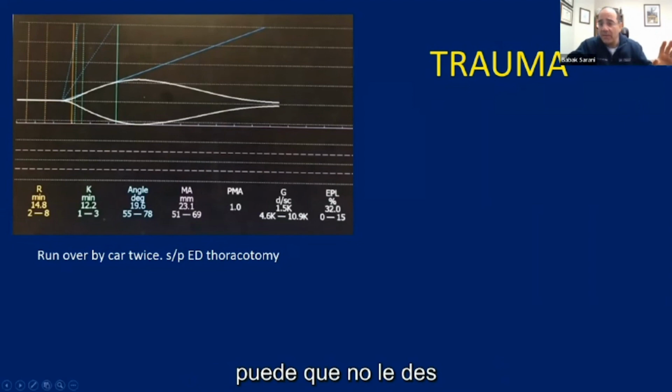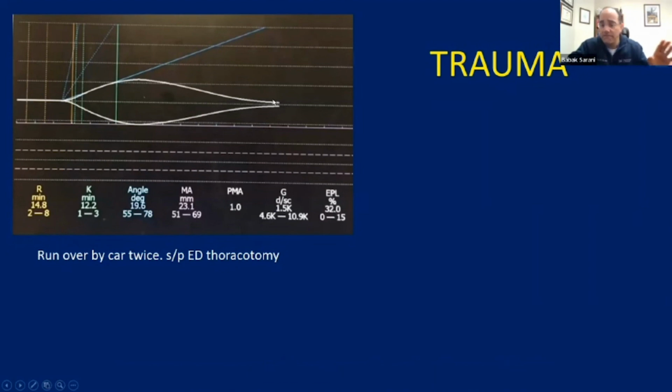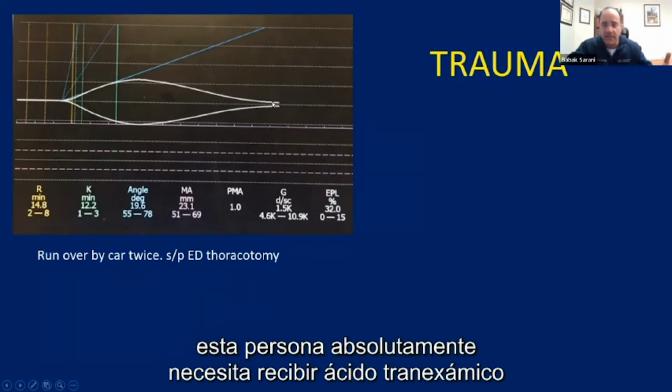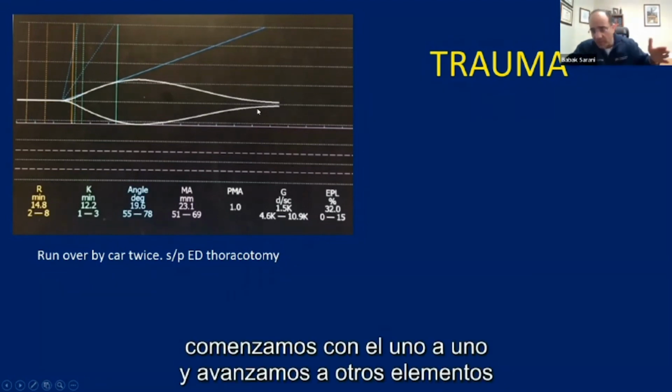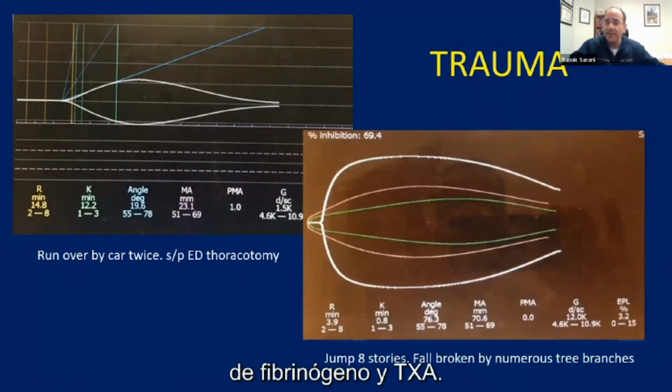You may not give them cryoprecipitate, however, and I think in this curve, most importantly, is the LY30, which is basically 100%. This person absolutely needs to get tranexamic acid. And you can now see how we are utilizing the TEG as a way to customize the resuscitation. We start with a 1-to-1 and we move forward to other elements like fibrinogen concentrates and TXA.